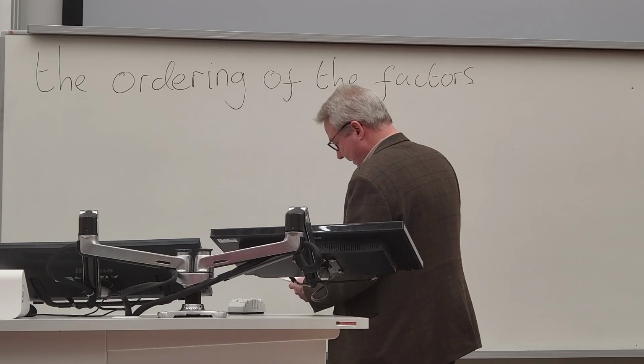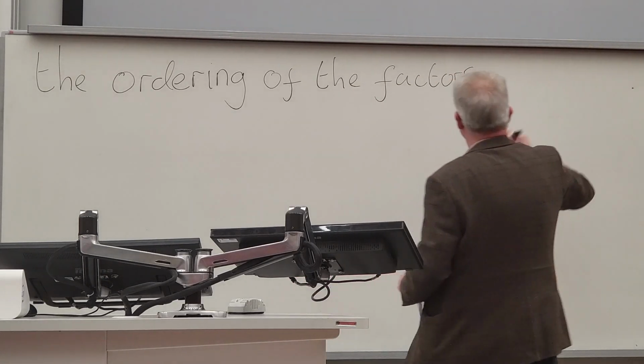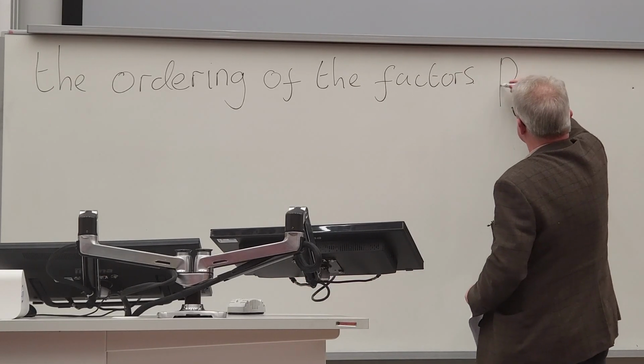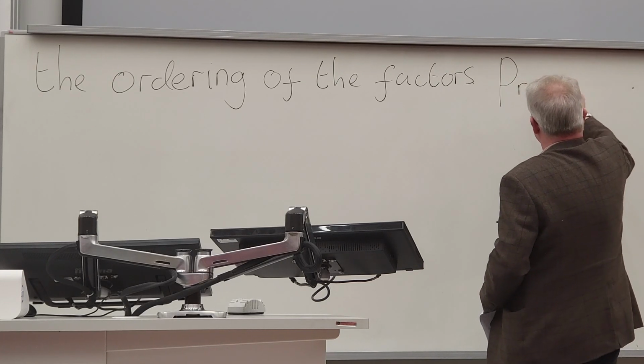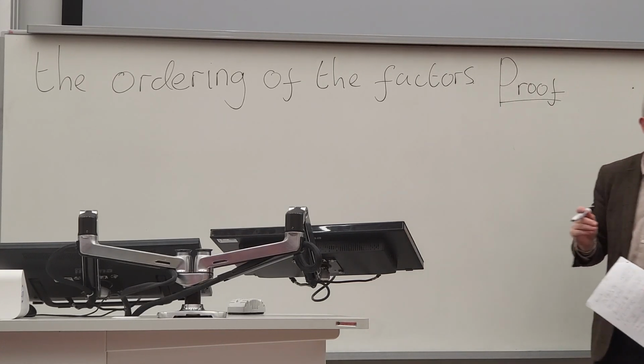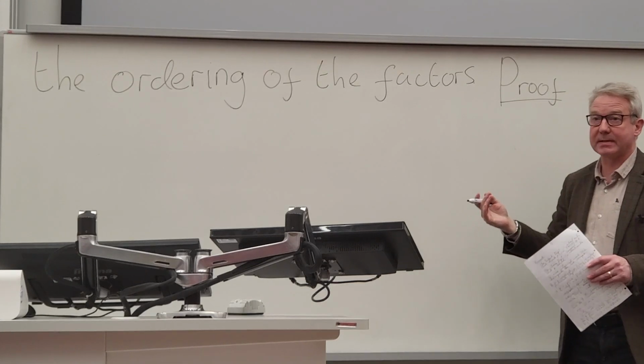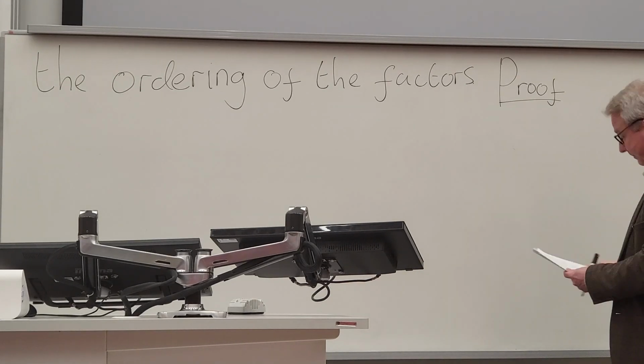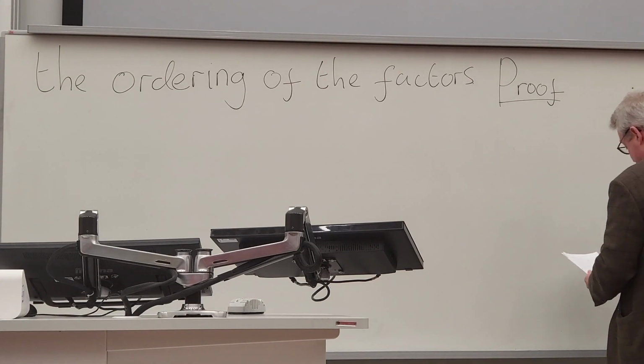Okay, so proof. Well, our statement says all integers greater than 1. Well, what's the smallest integer greater than 1? And it's 2.